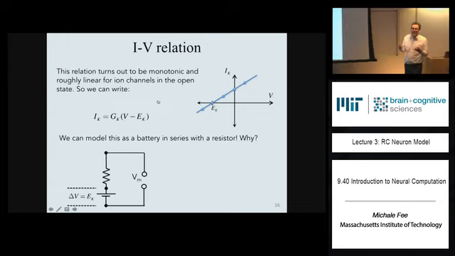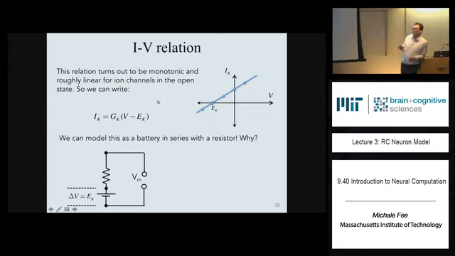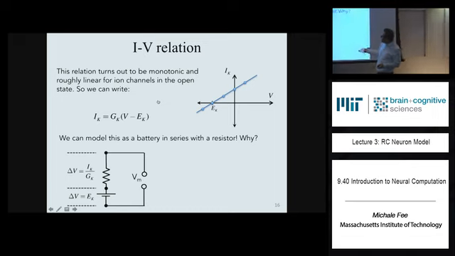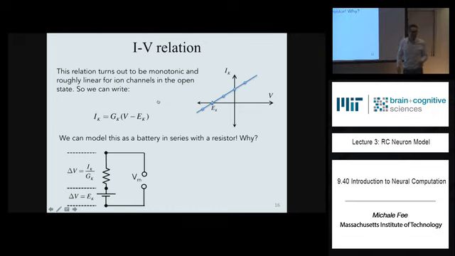What is it at arbitrary current? What's the voltage drop across a resistor as a function of current? Good. Can somebody tell me what it is in terms of the quantities that we have? We're looking for a delta V across here. Okay, so Vm, the membrane potential, has to just equal the sum of those two voltage drops, right?